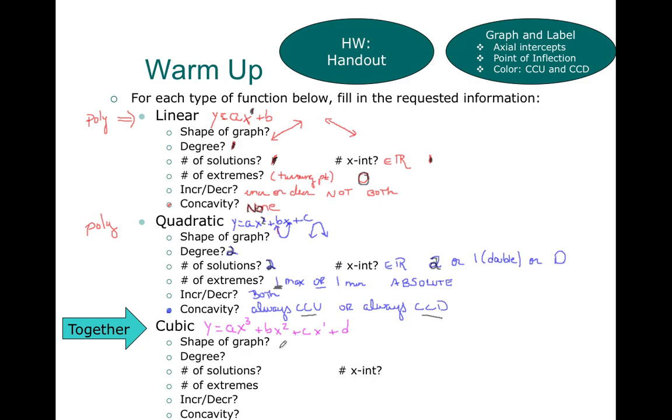The shape of the graph is something I call a snake. What's the degree of a cubic? The highest exponent you see on the independent variable is 3. Using the pattern of linear and quadratic, can you guess how many solutions a cubic will have? 3. So at most there will be 3 x-intercepts.